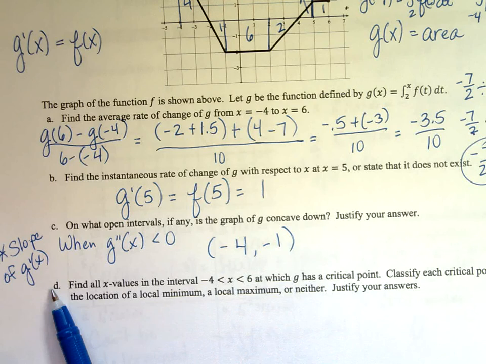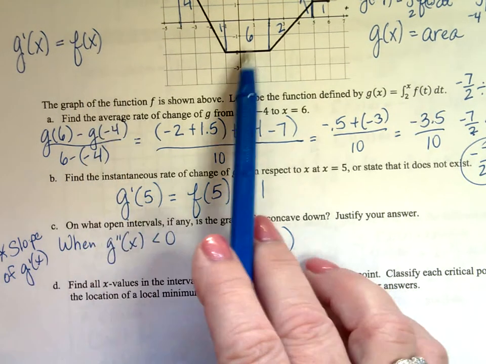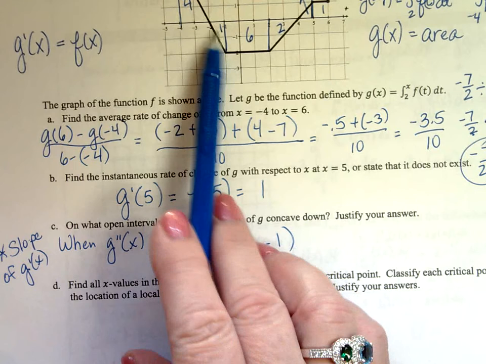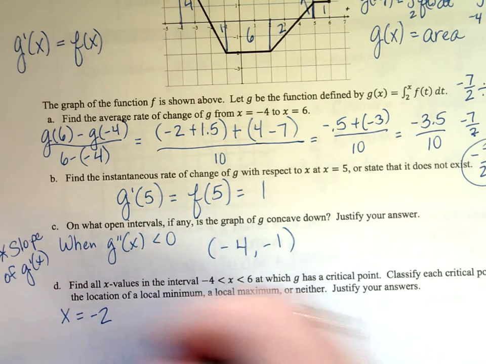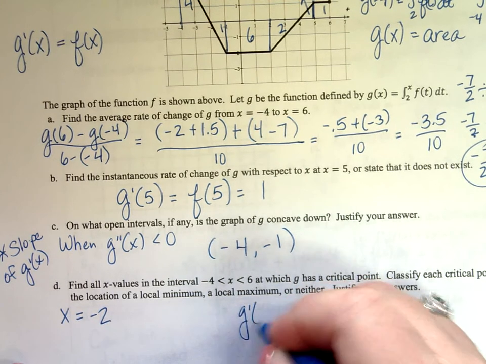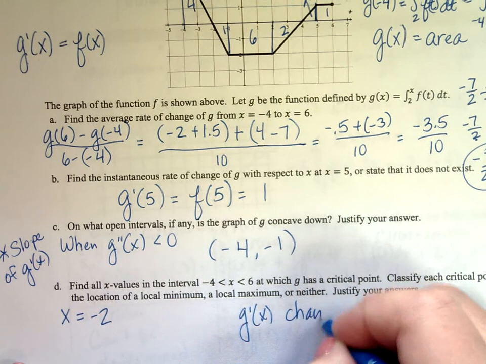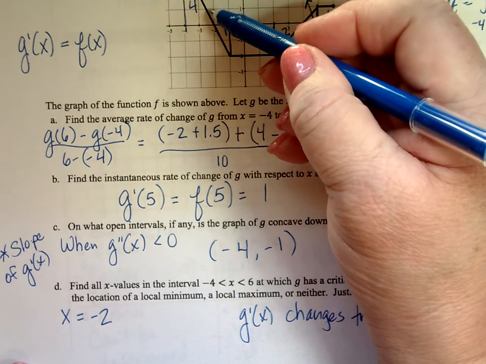G prime, which is this function that I'm looking at right here, changes from positive to negative right here at -2. So I got something going on at -2. Is it a maximum or minimum? G prime of x changes from, it's above the x-axis and it goes below the x-axis. So from positive to negative.